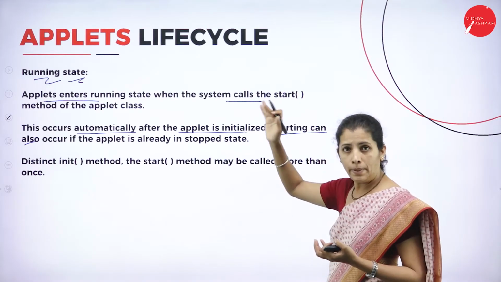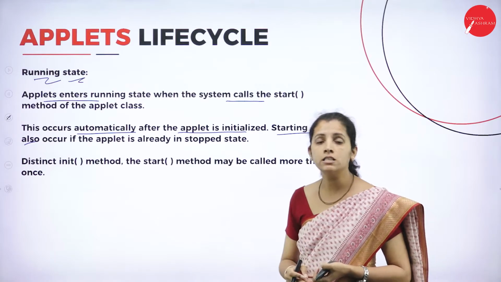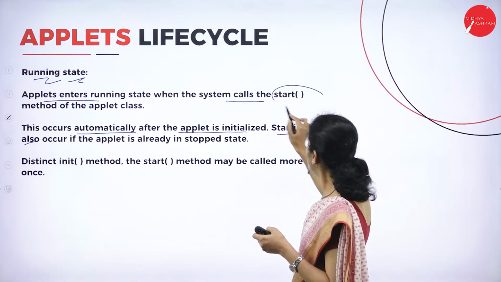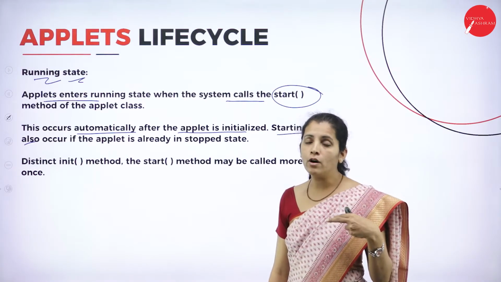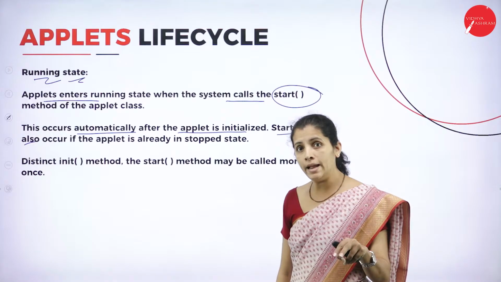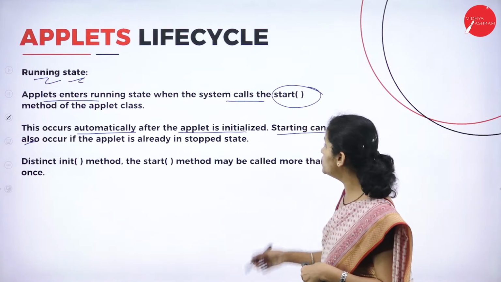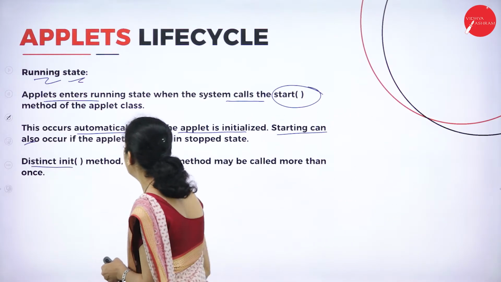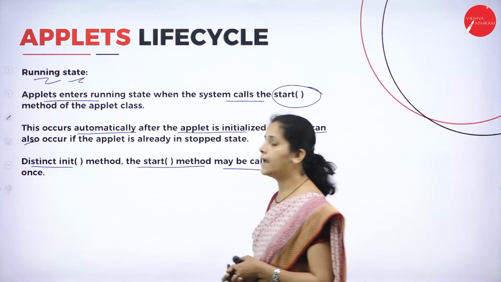That means at the beginning, if I want to make the applet enter into the running state, I'm going to call start method. And if I want to run the applet which is already stopped, then also I'm going to use start method. So unlike init method, the start method may be called more than once.